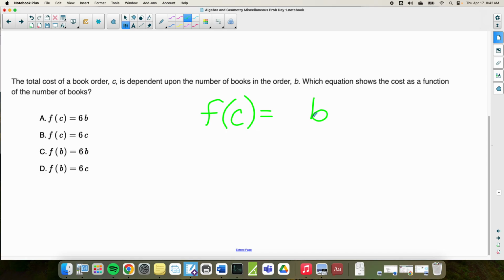So you want to find one where the function is the cost, and then b is going to be multiplied by something. So b there is independent, and f of c is dependent on how many books you buy. That affects your cost. Do you guys get that? Okay.